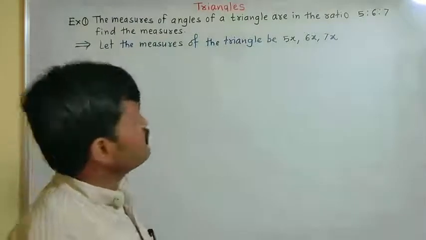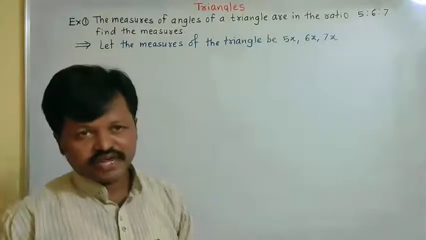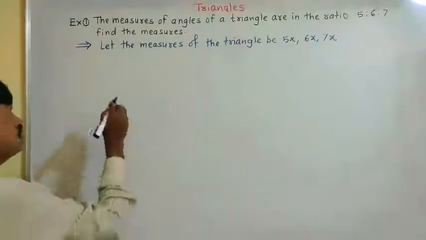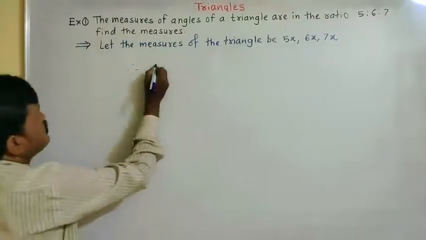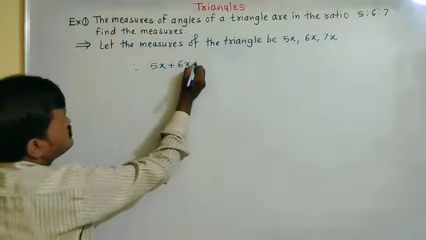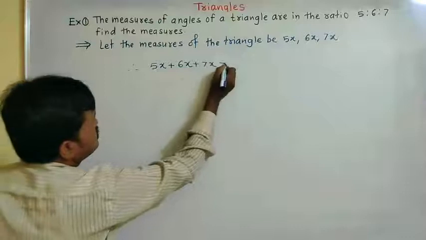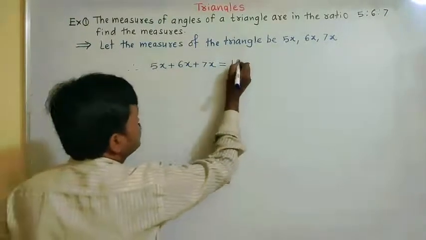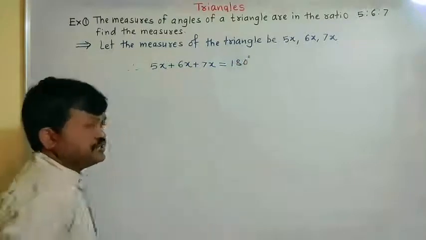What is this? The summation of all angles of a triangle is 180 degrees. So by using this we get our equation. Therefore 5x plus 6x plus 7x, the summation of all these angles, is 180 degrees.